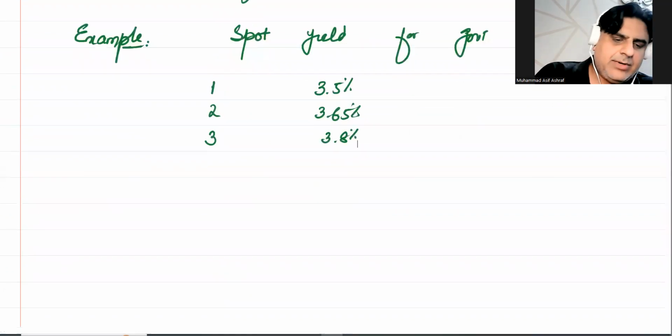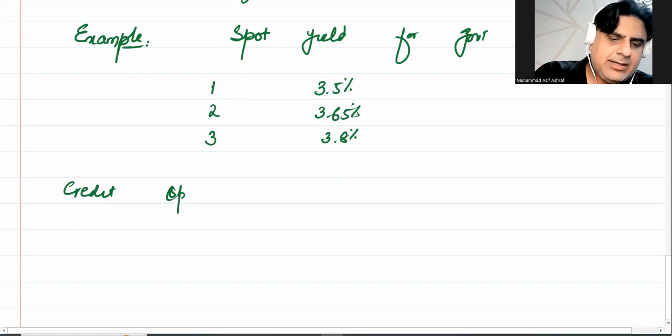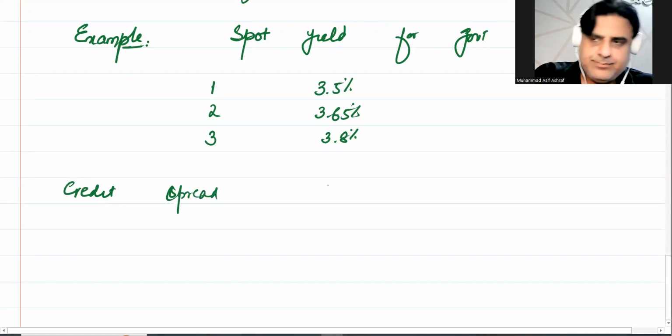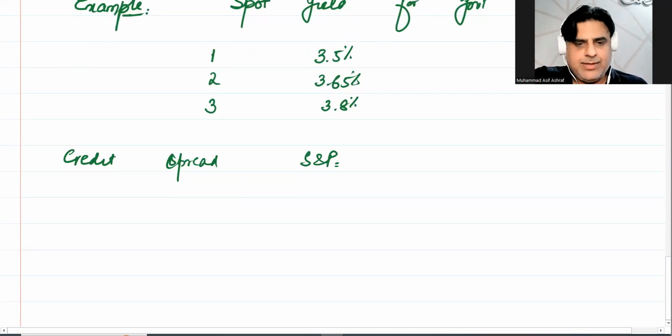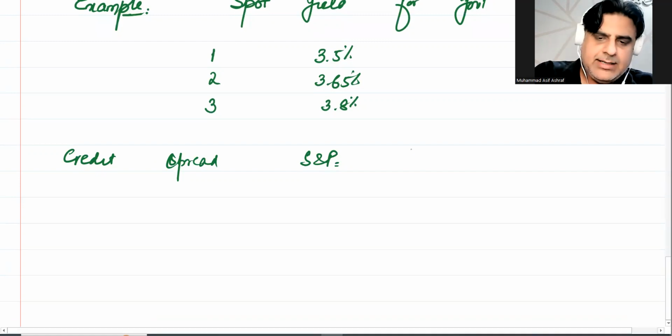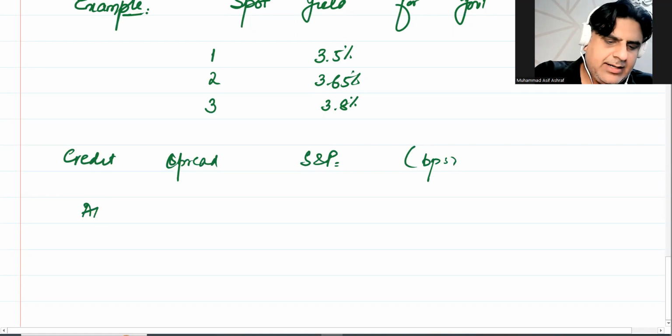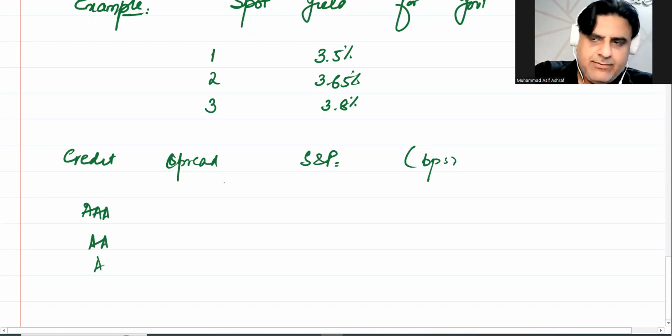Now let's say you are given the credit spread of your business, provided by, let's say, S&P, Standard and Poor's, in terms of BPS. We have three ratings: triple A, double A, and A. We have 1 year bonds, 2 year bonds, and 3 year bonds.